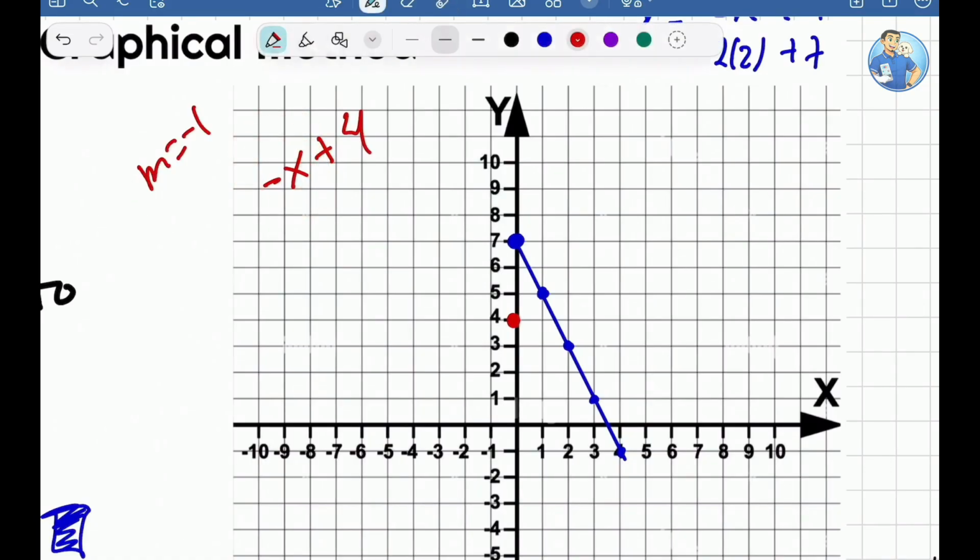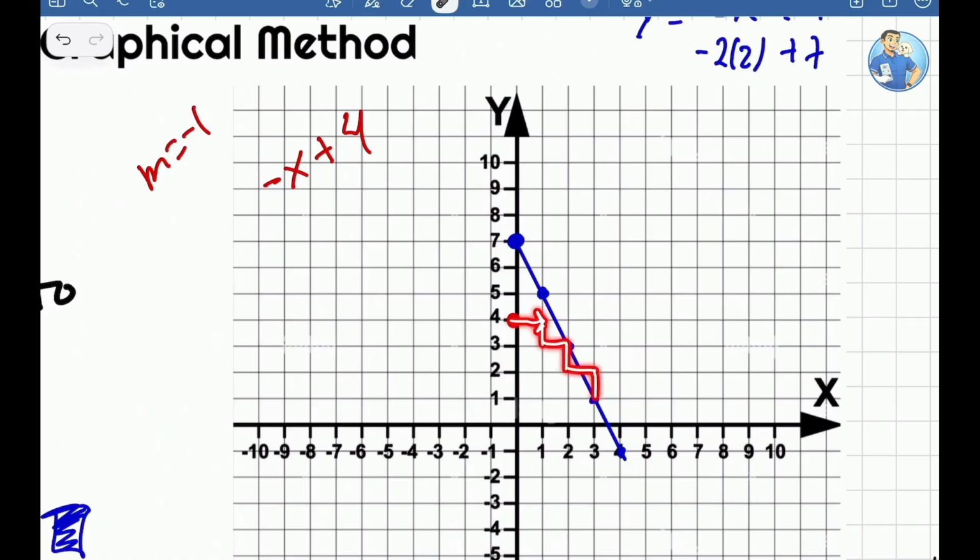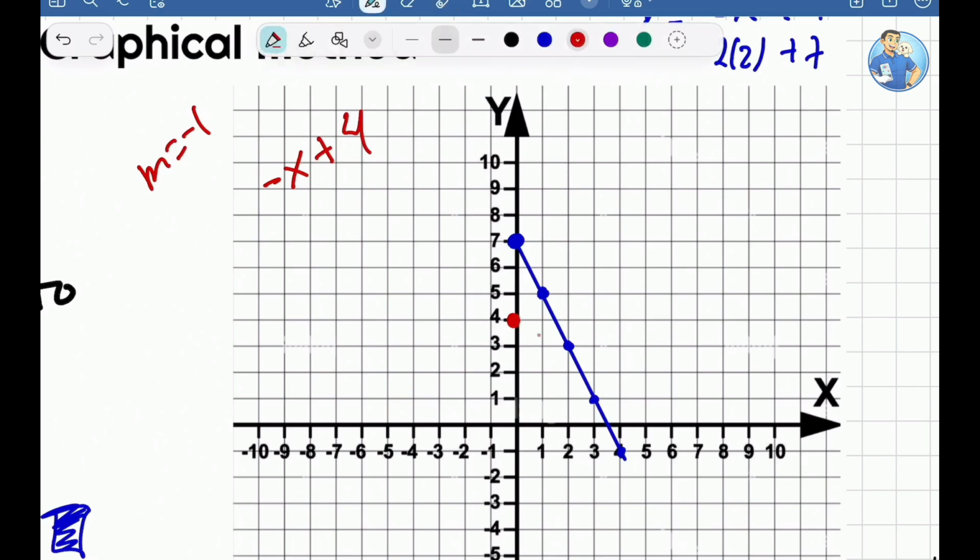For every single unit horizontally, we have 1 unit vertically. 1 horizontally, 1 vertically, 1 horizontally, 1 vertically. By doing this, we can find the points. So the next point will be this, and this, and this.